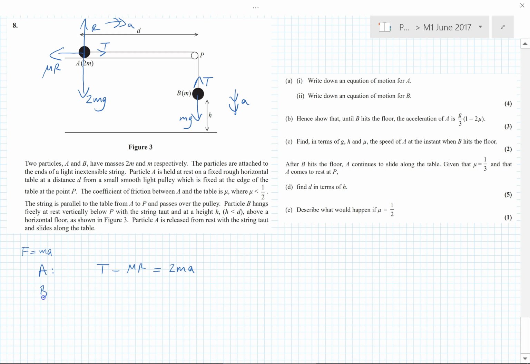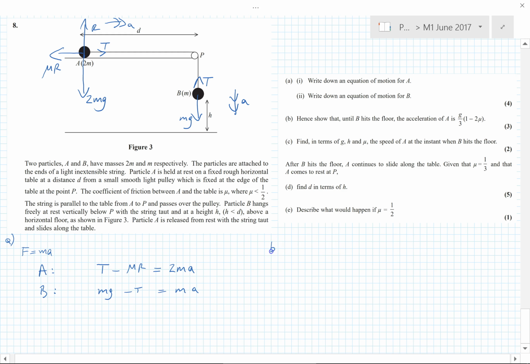And then for B, for this particle here, we've got mg going downwards, T going upwards, is equal to the mass of this one, which is m, times a. So that's our part A done.